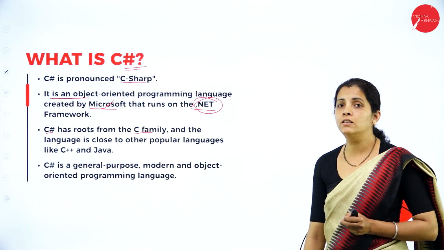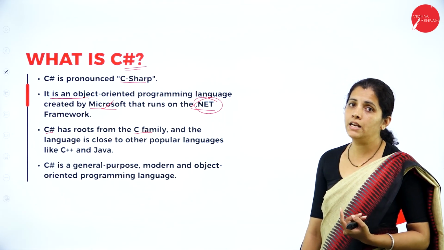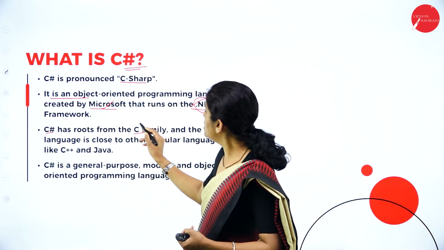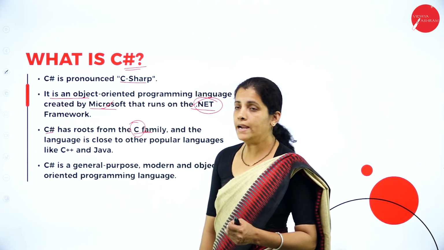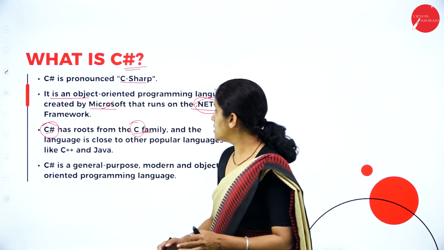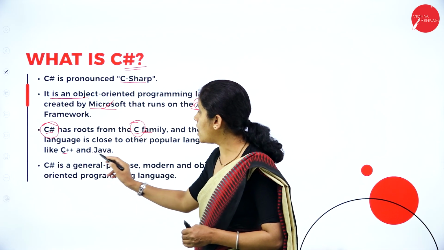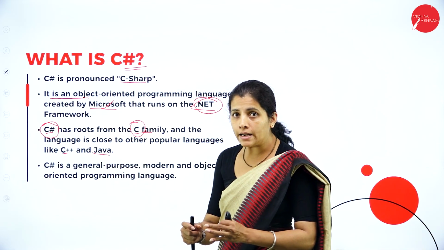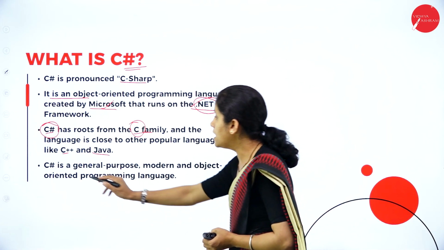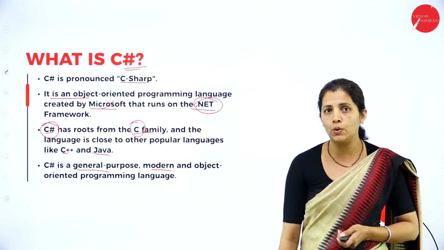Dear students, we already learned C, C++, and even Java. So C# belongs to the C family, and it includes some of the features of C++ as well as Java. Along with that, it also includes some other features. It's a general purpose, modern and object-oriented programming language.